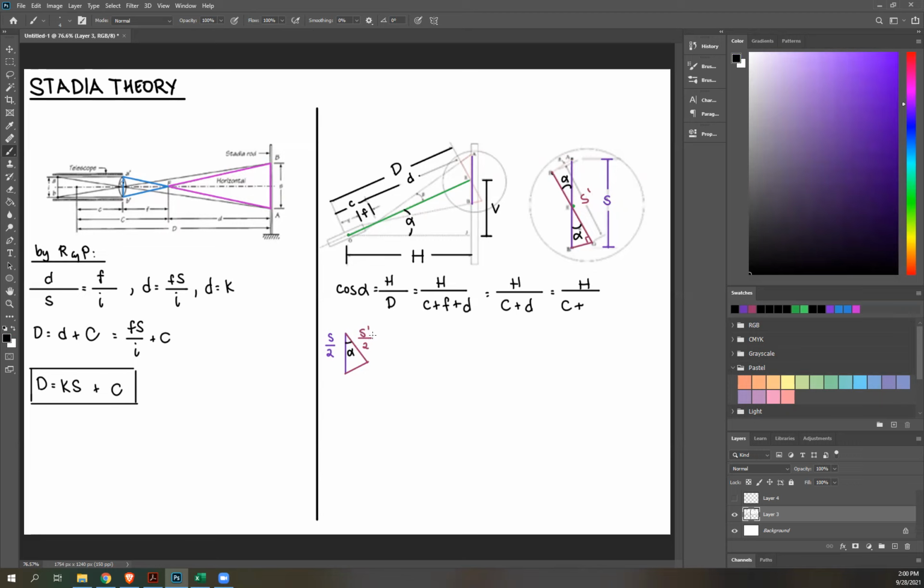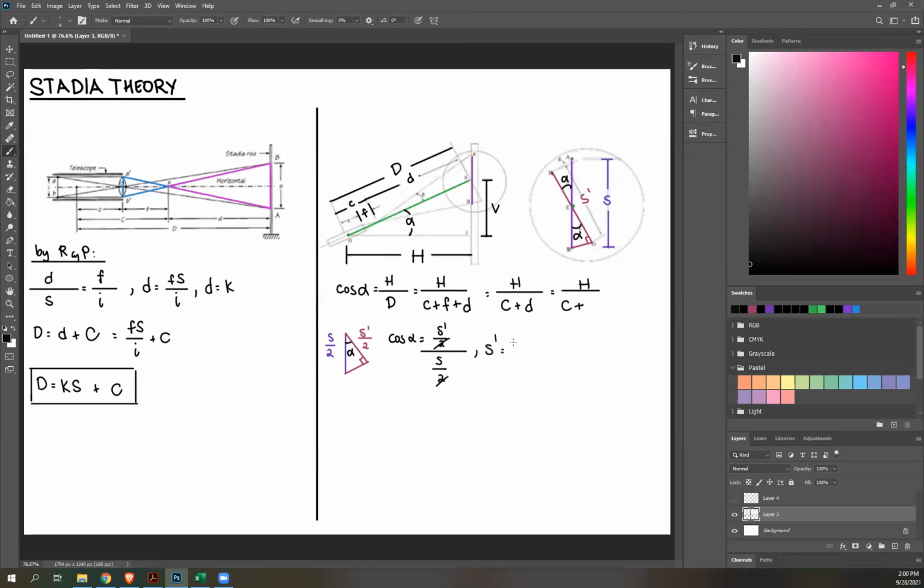From this, I can create an equation relating these two. I'll use cosine. So cosine alpha equals adjacent. In this case, this is your perpendicular side, so adjacent would be S prime over 2, over hypotenuse, which is this, S over 2. Therefore, I can cancel out 2.